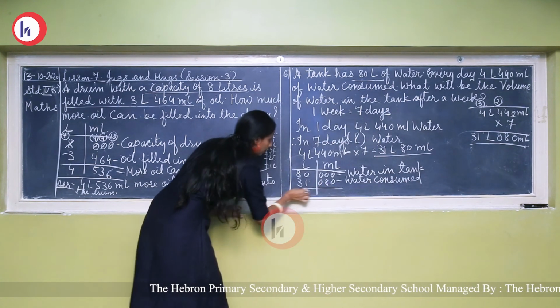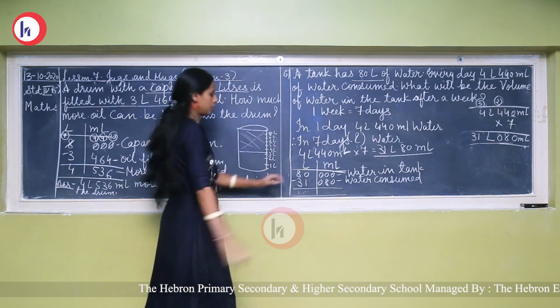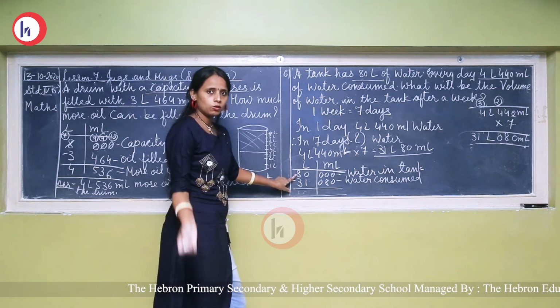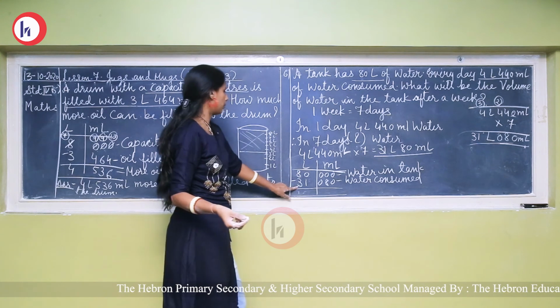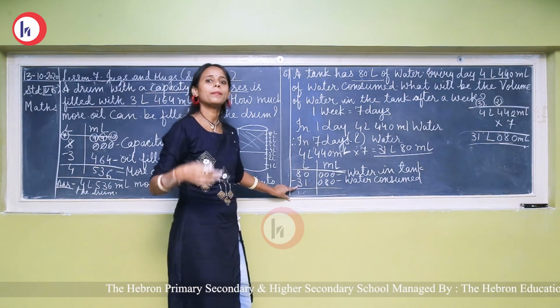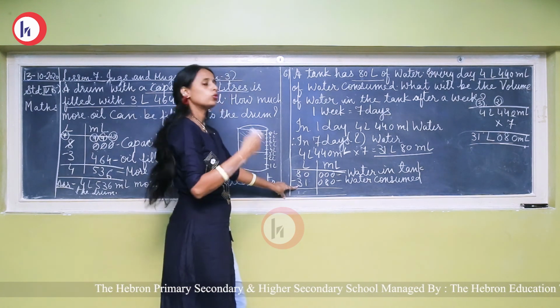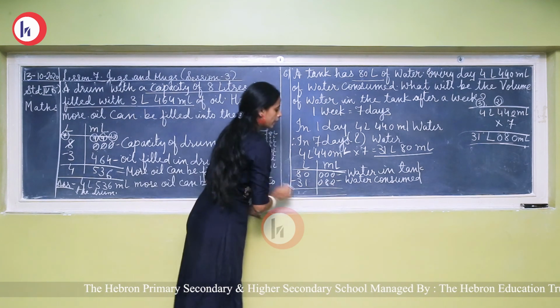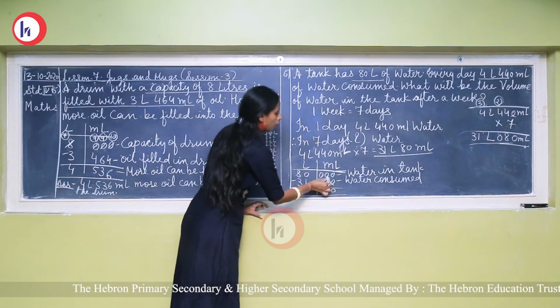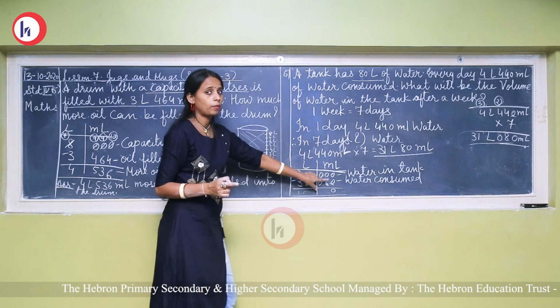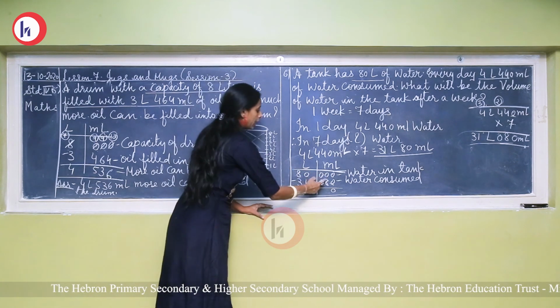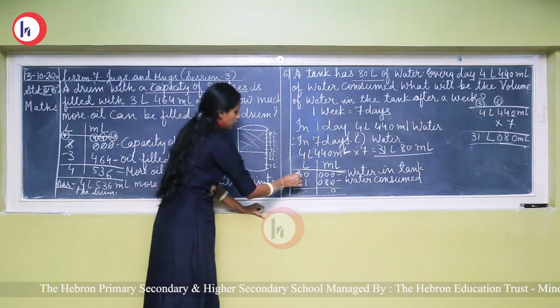Okay, now what will we do? See, we will do subtraction. इतना वाटर उस टैंक में था, 7 days के बाद में इतना वाटर यूज हो चुका है, अब कितना बचा है? So to find out we have to do subtraction. We'll start from the ones place. 0 minus 0, 0. Now we have to take borrow because 0 minus 8 is not possible. So we have to take borrow from 8. Okay.